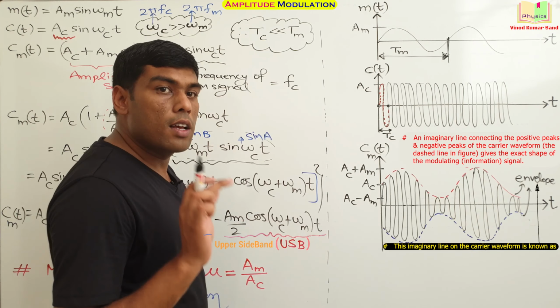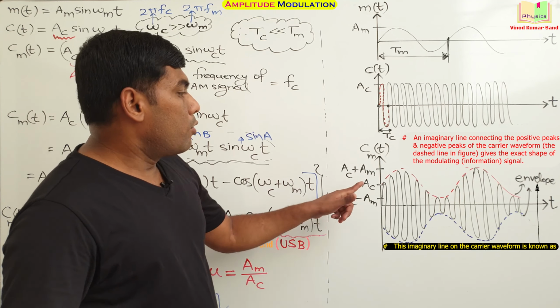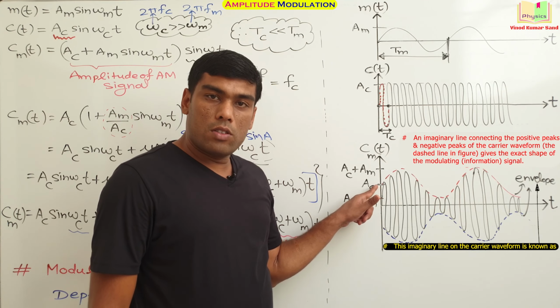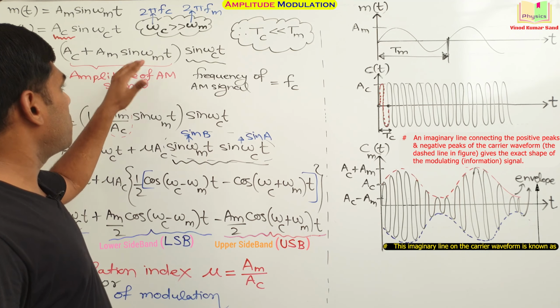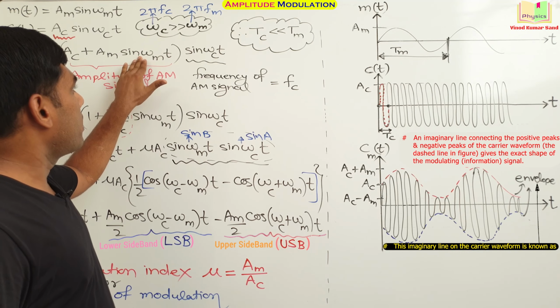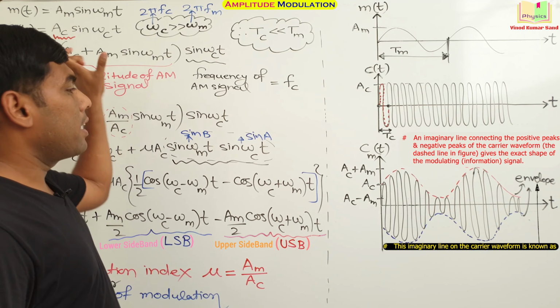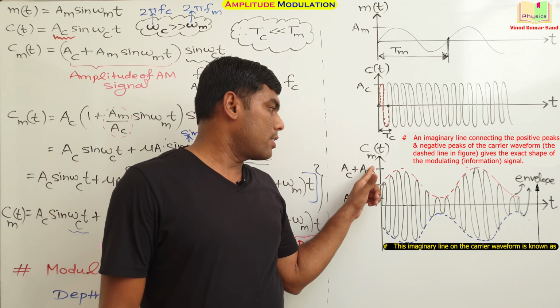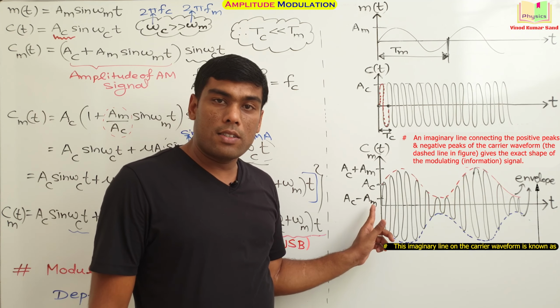So see it here. I am explaining the things once again. We take the AC as the reference. The amplitude of the AM signal is given by this expression. When sine omega mt is equal to 1, then we get the maximum amplitude as AC plus AM. The lowest possible amplitude is AC minus AM.